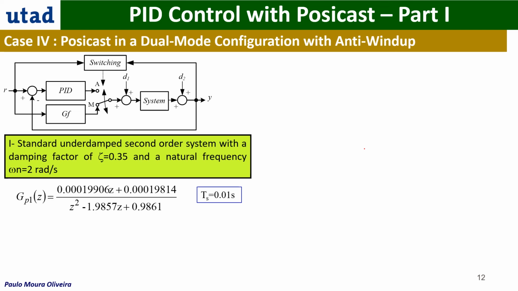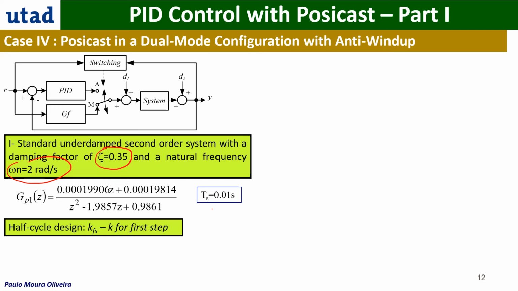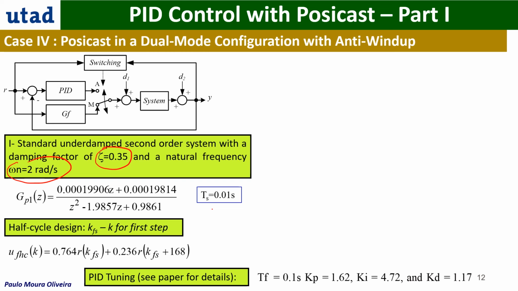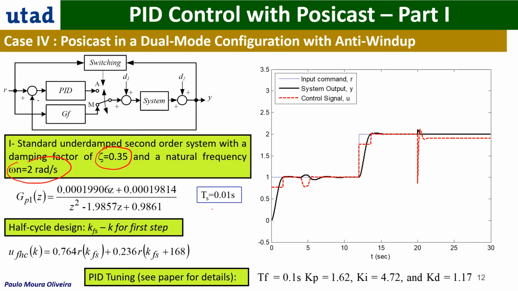Using a digital implementation, we have here two simulation cases. The first one is a standard second order underdamped system with this damping factor and this natural frequency. This is the sampling time, and with this we designed the half cycle Posicast in the digital domain and the PID controller, and this is the response.